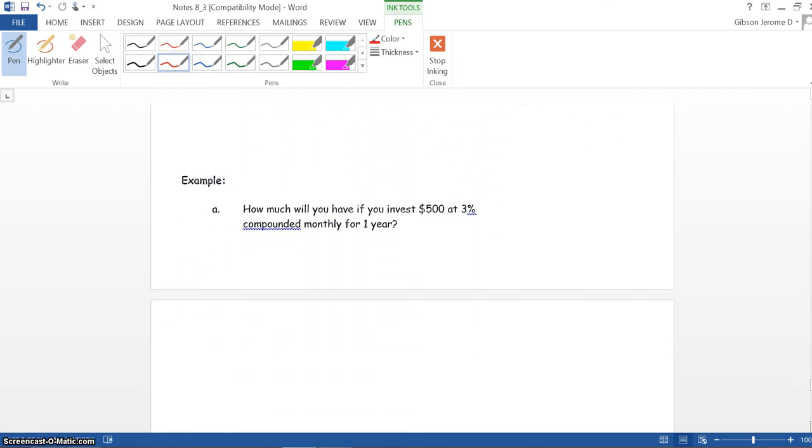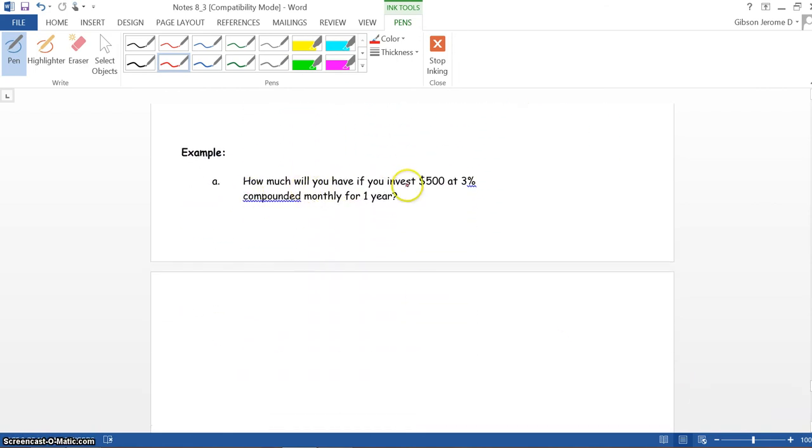Now, we move on to the next example. How much will you have if you invest $500 at 3% compounded monthly for 1 year? So, we will have A is equal to P times 1 plus R over N to the NT. So now we will have A is equal to 500 times 1 plus, now our R is 3%, which is 0.03, divided by 12, since it's compounded monthly.